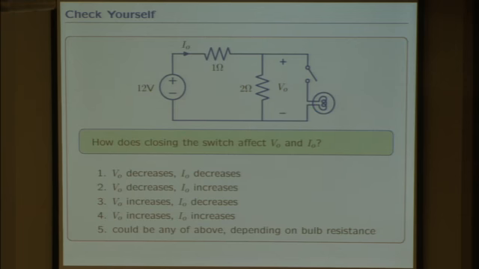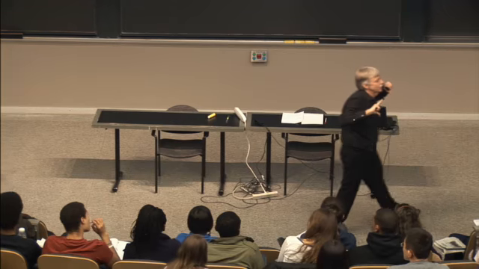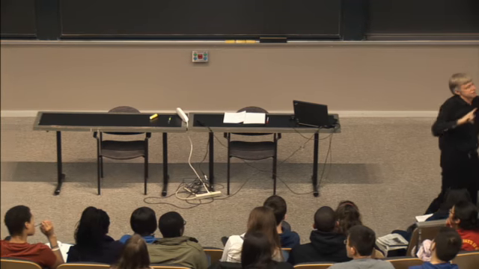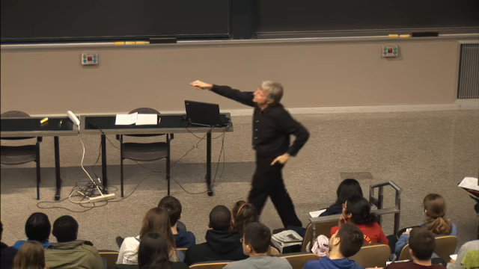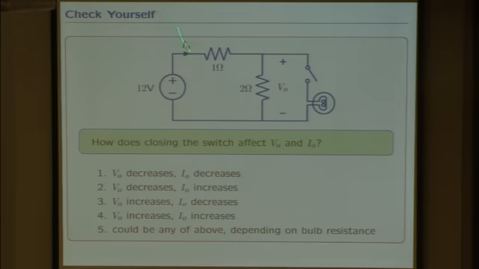When you combine two things in parallel, the result is the same as a resistance that has a smaller value. And then think about how that smaller value would interact with this resistor and that source. And you can sort of figure out that the presence of this bulb would reduce this voltage and increase that current. That's kind of a high level of reasoning, given where we are.